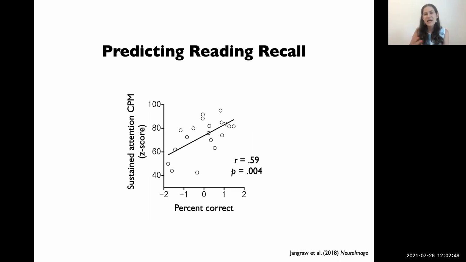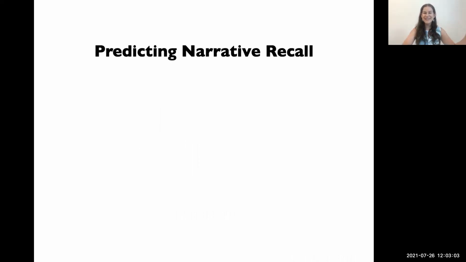So is it the case that, within people, moments of time when we're more attentive are also related to better memory for the information we encounter when we're more attentive? So returning to the study that I talked about, using dynamic changes in connectivity to predict dynamic changes in engagement, we started to ask this question, right?